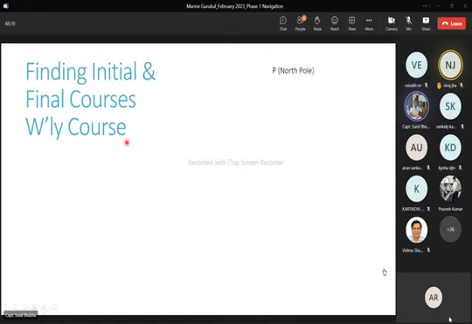Let's make a rough diagram first. You can see the pole here at point P. Our initial position is at A. You can see point A here. And the final position is at B, Bravo. You can see the point B on the screen now. So let's make the PAB triangle.